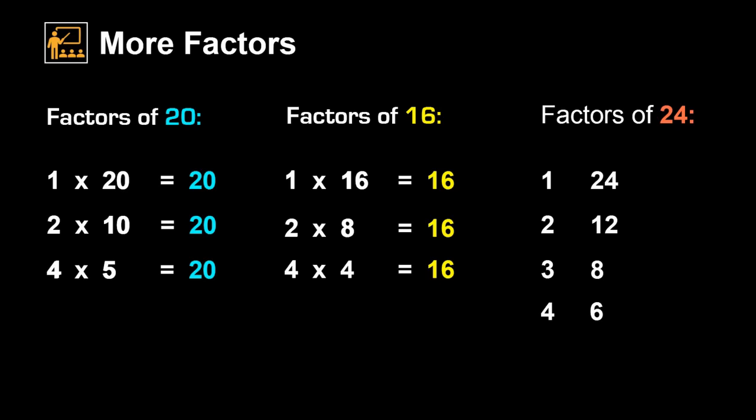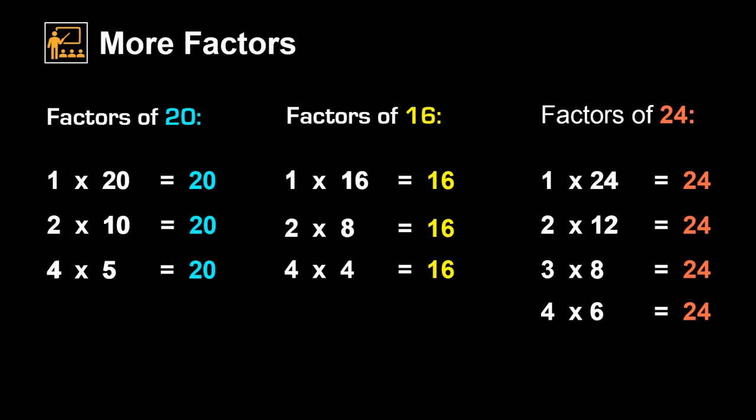And we do the same with 24, where 1 multiplied by 24 is 24, 2 multiplied by 12 is 24, 3 multiplied by 8 is 24, and 4 multiplied by 6 is also 24. Which means 4 and 6 are factors of 24, 3 and 8 are factors of 24, 2 and 12 are factors of 24, as well as 1 and 24.